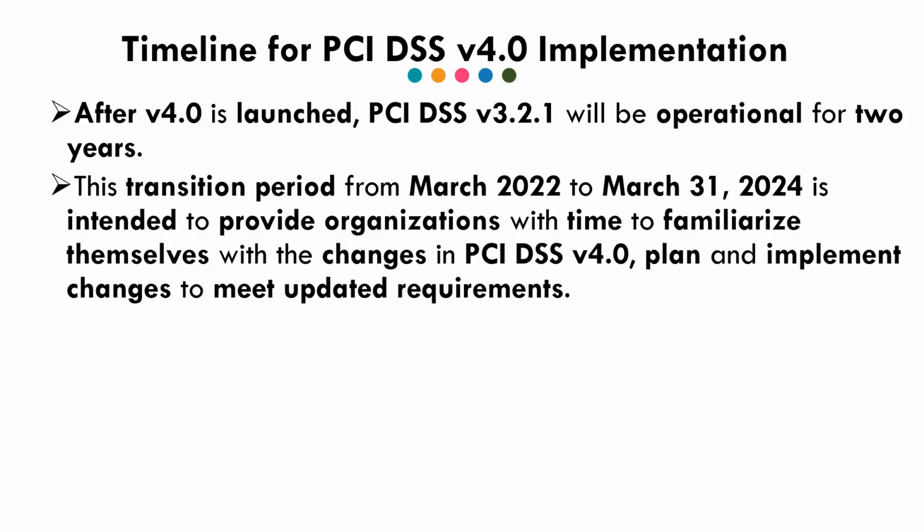So if you don't have any strategy in place and you are addressing how you are going to adjust your operations and technology and everything to meet version 4, you'll be in deep waters, because organizations are currently even struggling with version 3.2.1. So switching totally to version 4, if you start early, is not going to be a significant life-changing event for the organization. But if you don't, then it's going to be a really big uphill battle for the organization.